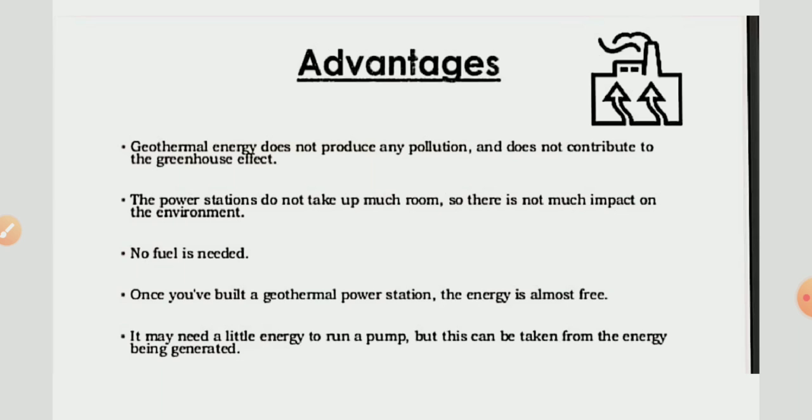So this is highly environment friendly because the steam is being made naturally by the hot spring, and we use this steam directly to generate electricity.